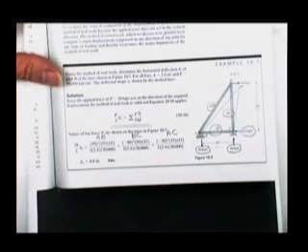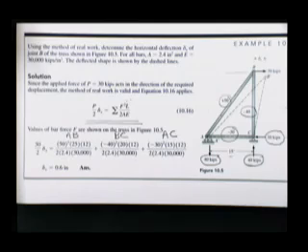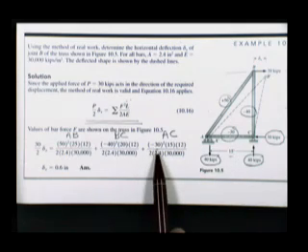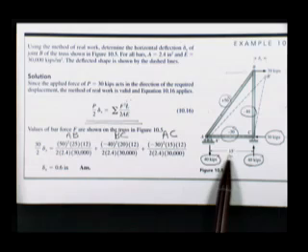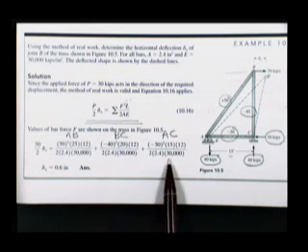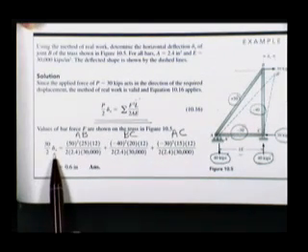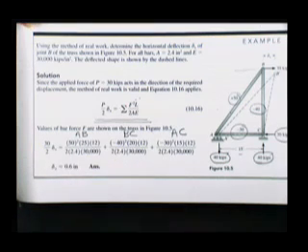Incidentally, any members that have no force in them will come out with no contribution to the deflection. Here's its force, minus 30 squared. Length is 15 feet long, divided by 2AE. Solve for delta. It's only one unknown in the equation, 6/10 of an inch. Pretty nice, works pretty well.